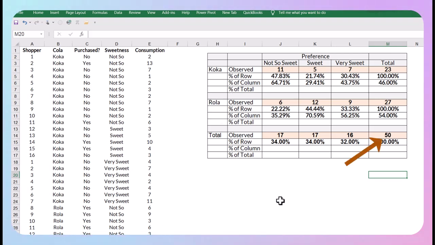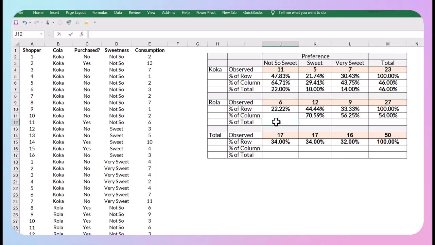I had 50 people total, so here I need to know what percentage 11 is out of the 50. Here I have the percentage that 5 is of the 50. Here I have the 7 out of the 50. And here I have the 23 out of the 50.